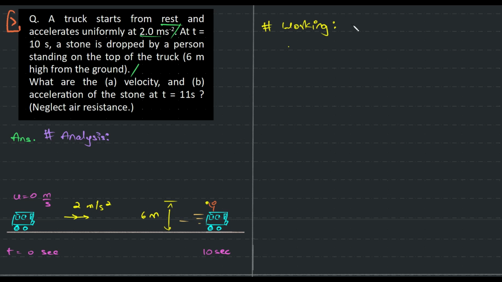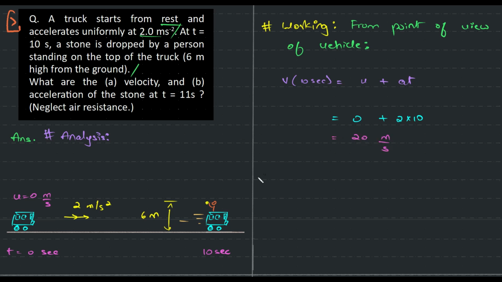So from the point of view of vehicle, we have V, the final velocity at 10 second, is equal to U plus at is what we are using. So U is 0, acceleration is 2, and t is 10. This is basically 20 meter per second.